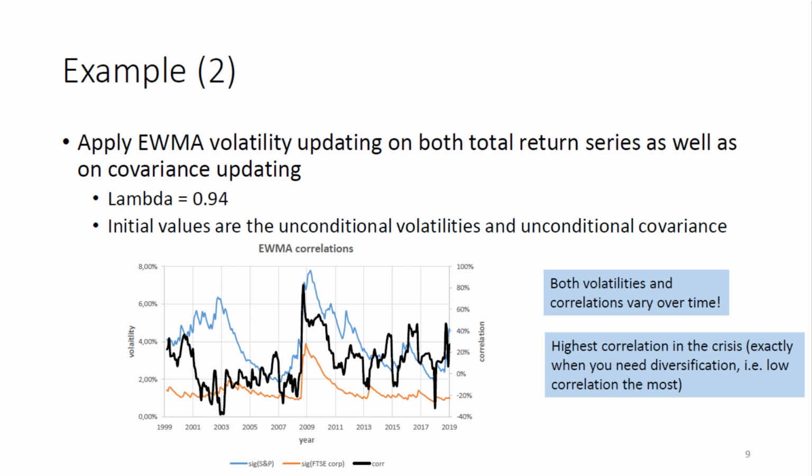So that's an important observation if we do risk management: at moments where extreme events occur in the market, where we normally would hope on diversification elements in the portfolio, very often because of time variation in the correlation, exactly at these moments this diversification benefit is not there.